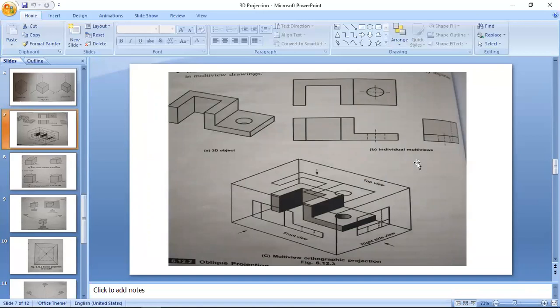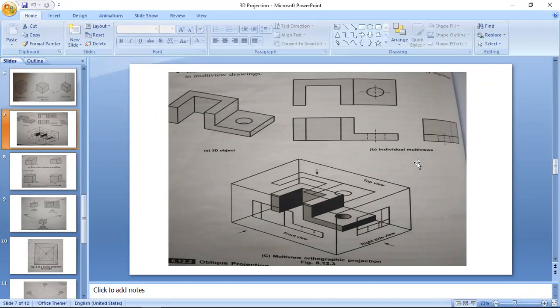The second type of orthographic projection is the multi-view orthographic projection. In this you can see the different parts of your object.